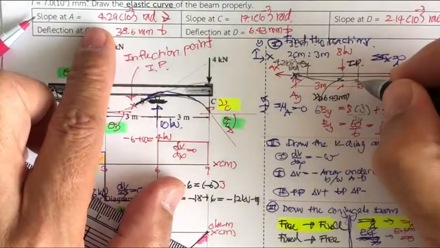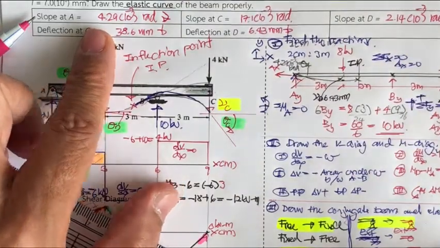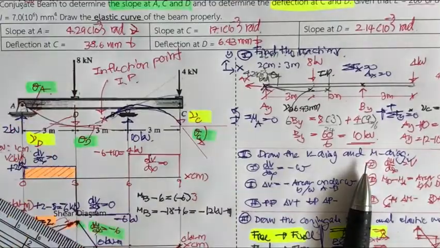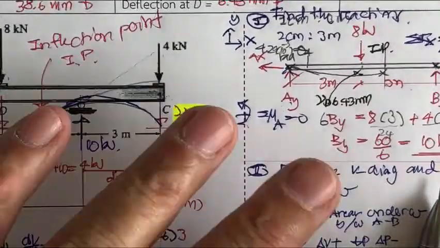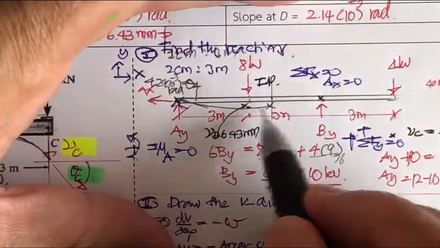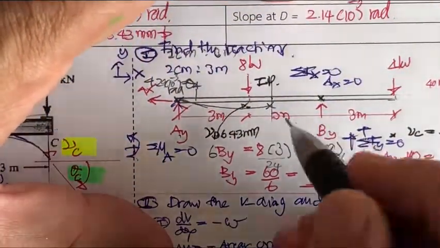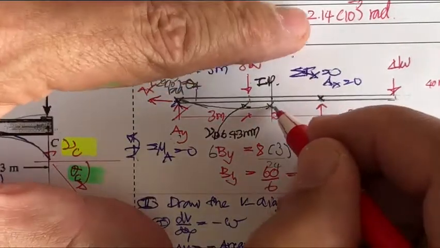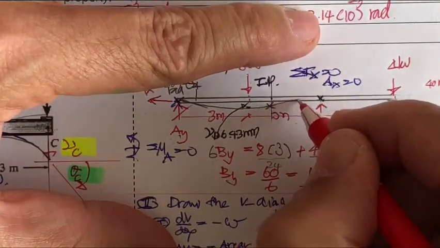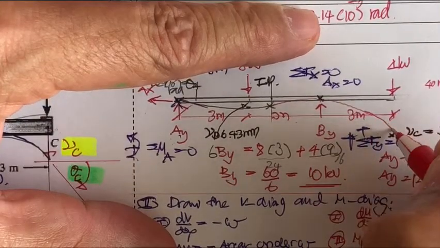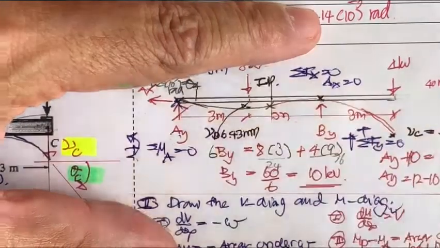And when it comes here, let me zoom it a little bit, it's concave upward, and then the other is going to be concave downward. This part is going to be concave downward, mixed like this.